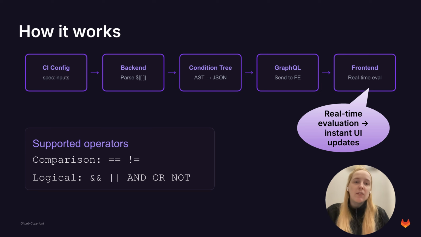The frontend then evaluates the rules client-side whenever an input value changes. This client-side evaluation is what makes it feel instant. There is no round trip to the server, so the UI updates immediately. The expression syntax supports the operators you'd expect: equals, not equals, and the logical operators and, or, and not.